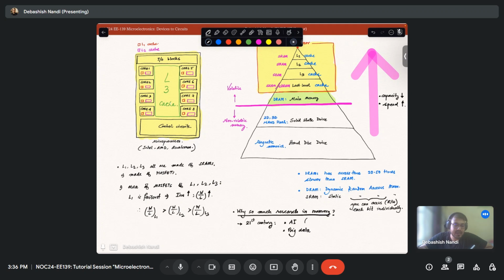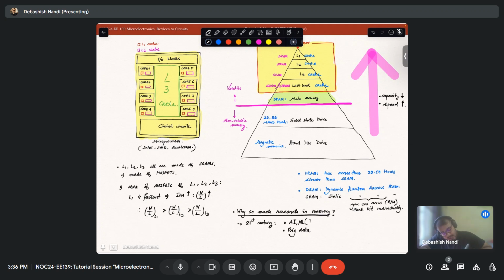Why? Because for any artificial intelligence or machine learning models, if you are aware of that, you need to train the weights, right? For training, you need to have a large amount of training data.